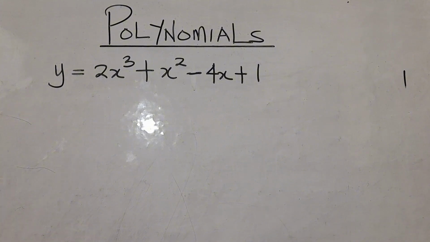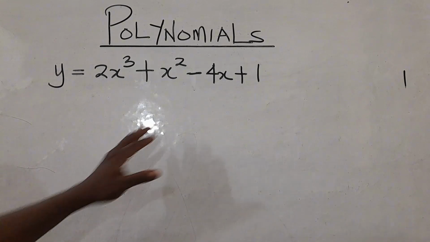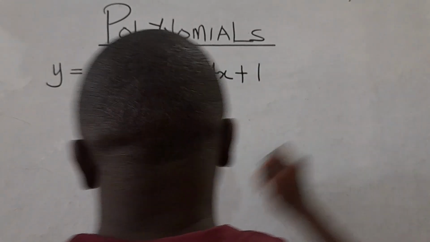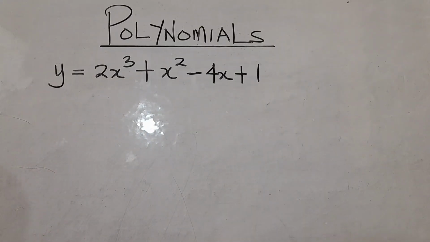This is a form of polynomials of degree 3, which can also be called a cubic function. y equals 2x raised to power 3 plus x raised to power 2 minus 4x plus 1 is a cubic function.